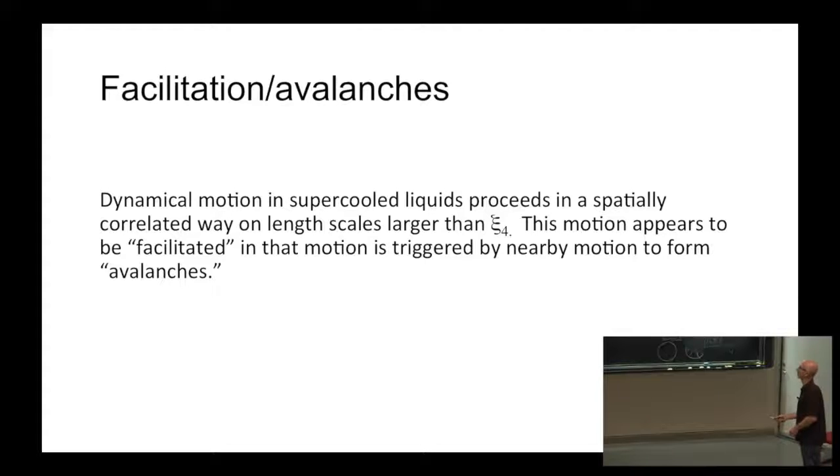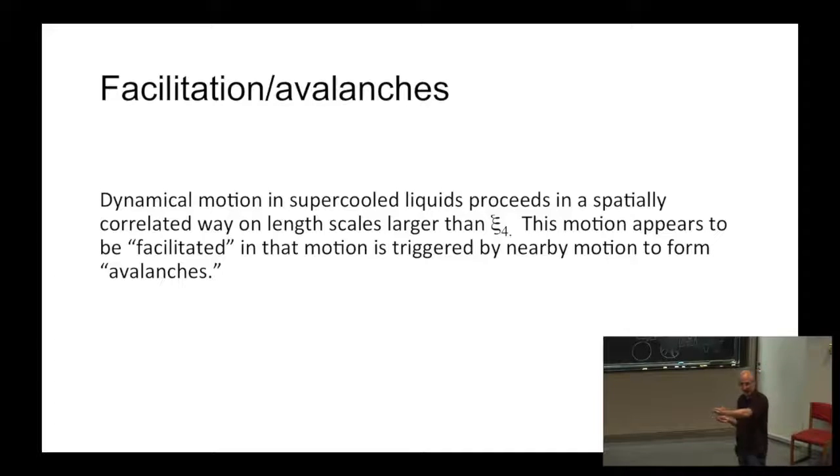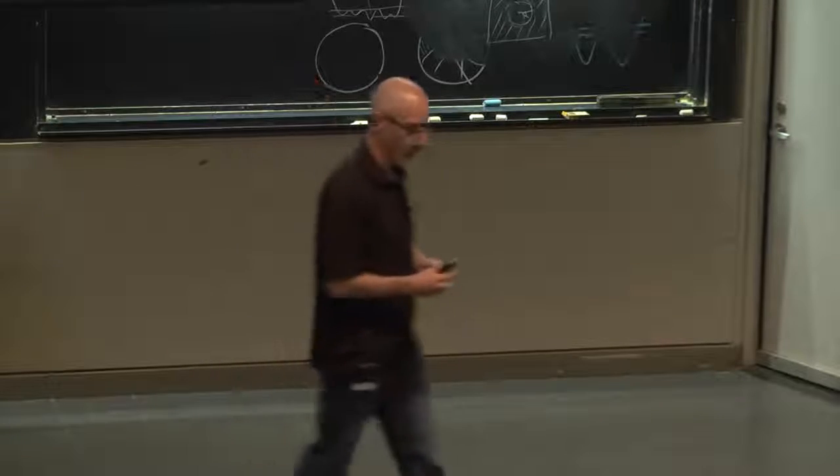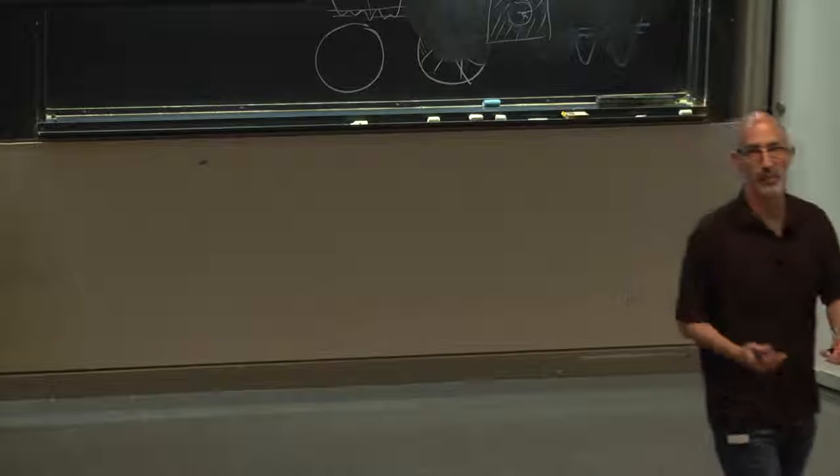So that particle motion triggers particle motion in close proximity, and then that triggers motion nearby again, and so you have some spatial avalanche over some length scale that forms in the system. And as I'll mention in a second, there are theoretical models and pictures where this kind of propagation of mobility is natural. It's built into the model.